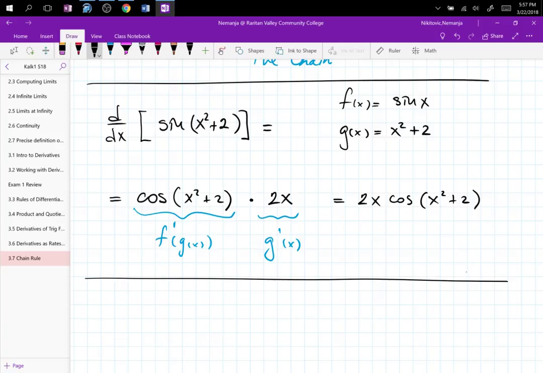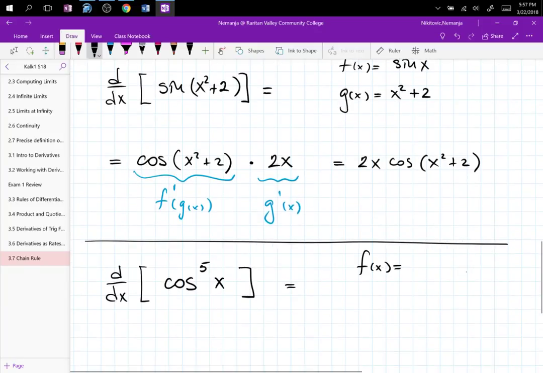Let's take a look at another one. How about the derivative of cosine to the 5th x? What's f? What's g? F is x to the 5th. And what's g? Cosine x.